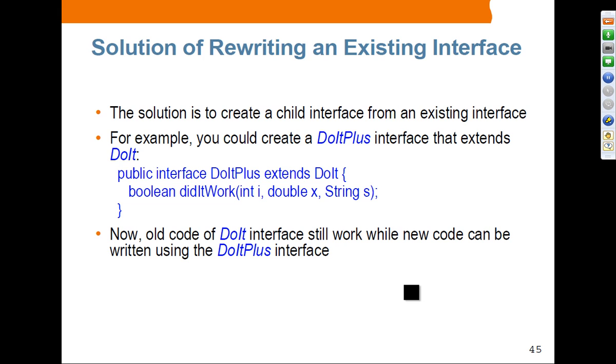Then you use this new child interface for the implementation that contains the implementation of this new method, while old implementation classes still work because they implemented doIt, meaning the parent interface, not the new child interface. So this is actually pretty smart, the solution to the problem that we just talked about.